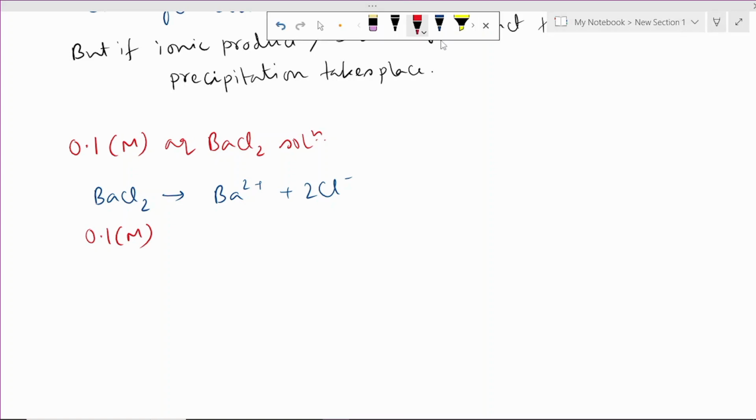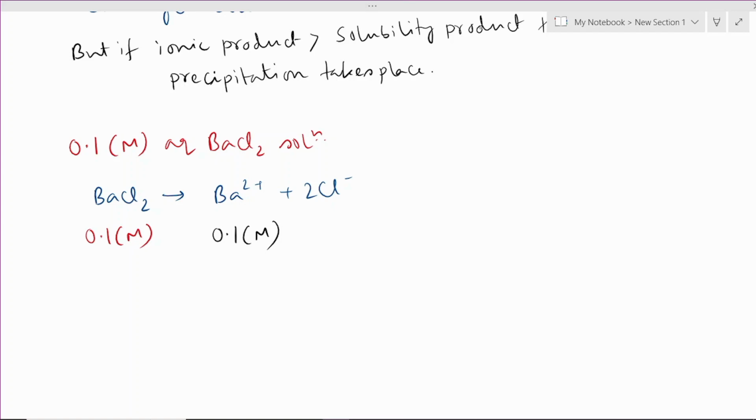After dissociation, one equivalent of Ba2+ ion is there, so the concentration of Ba2+ ion will be 0.1 molar. And as two equivalents of chloride ion are there, the concentration of chloride ion will be 2 into 0.1 molar.